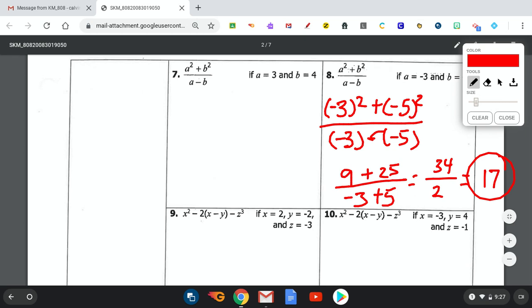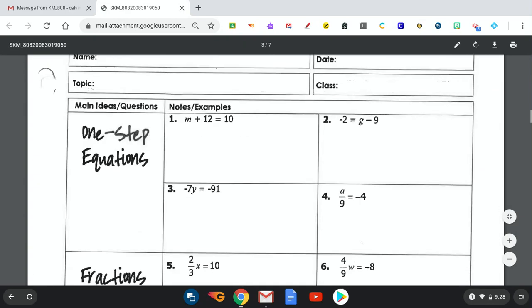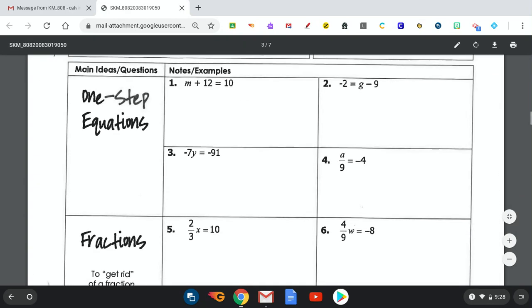All right. So that's the notes on expressions. Now we're going to go and look at one-step equations. And this should be a big review for you.